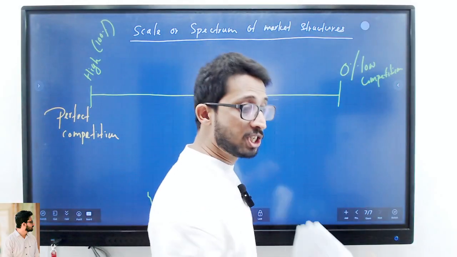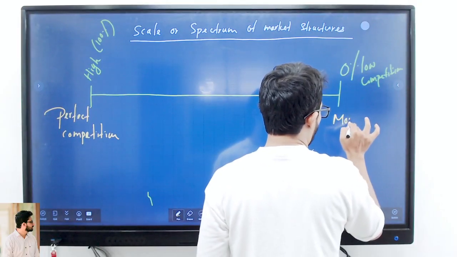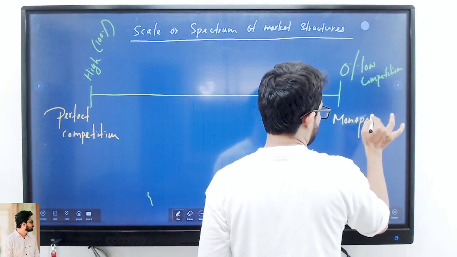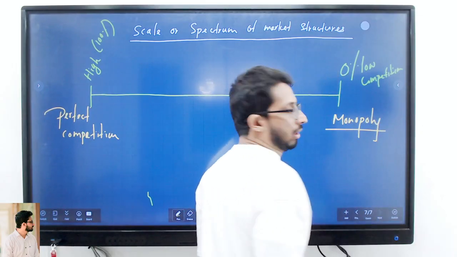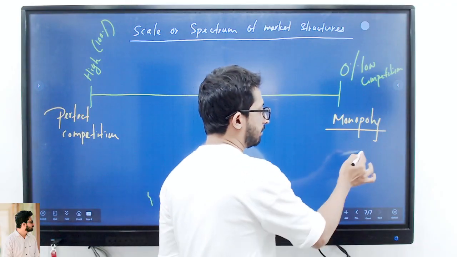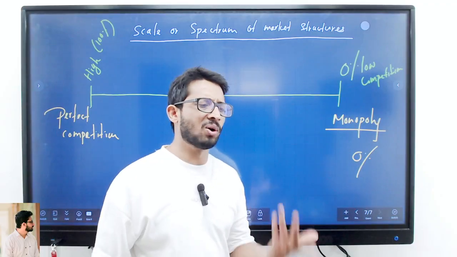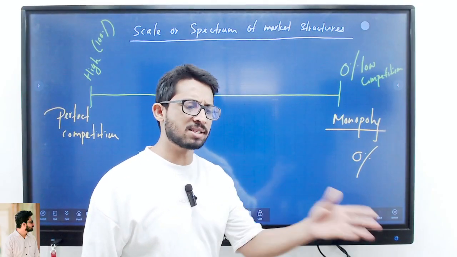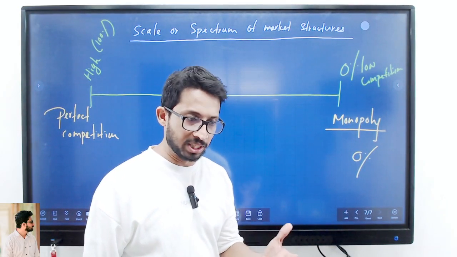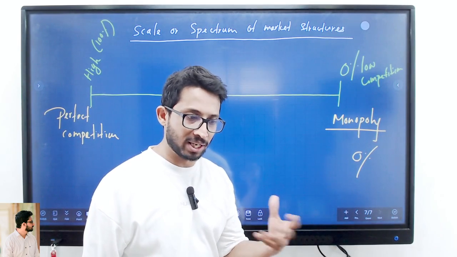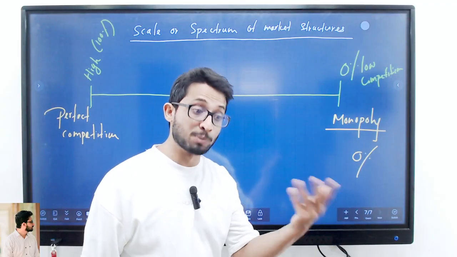When it comes to zero competition, that is a monopoly. Second market structure. In monopoly, there is no market competition. Competition is zero. Example, the electricity board, electricity market. No competition. Why? Only one seller there. That seller, which dominates the entire market, can decide the market price and exploit consumers.